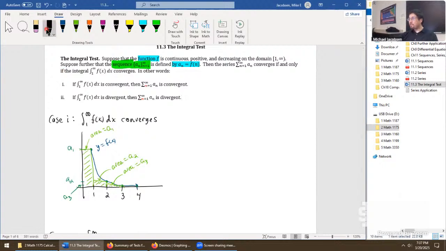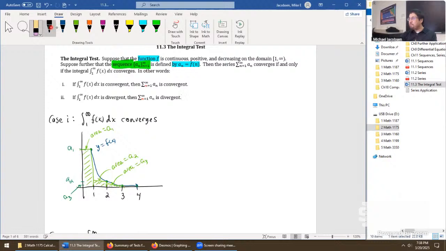So I'm going to write out something that looks kind of funny. Let me know how you feel about this. I have the summation n equals 1 to infinity of a_n. That's going to be less than or equal to, depending on if this was 0 or non-negative, as we see right here. Summation as we go from, or hang on, let me think about this. Oh, the estimate would go in a different way.